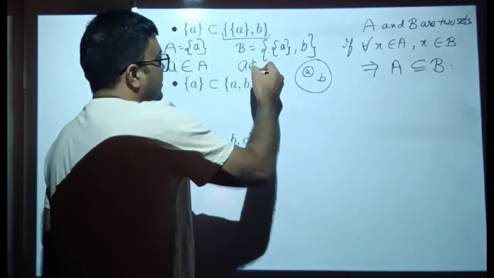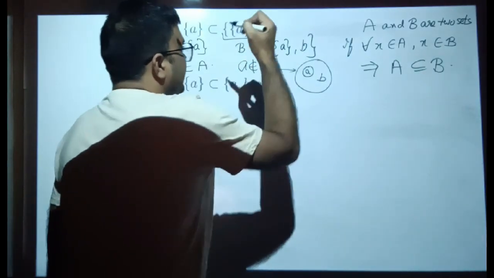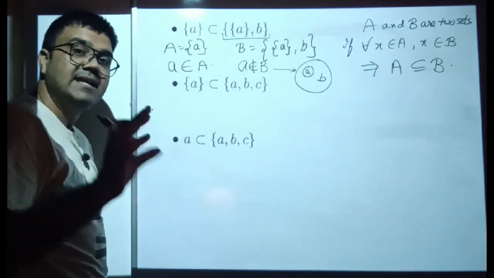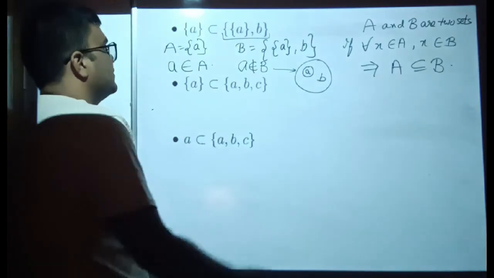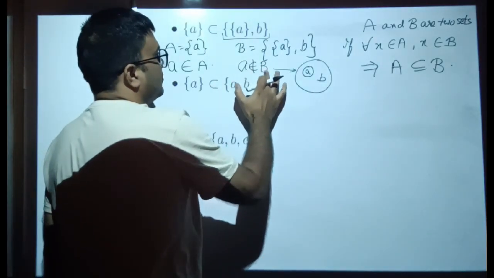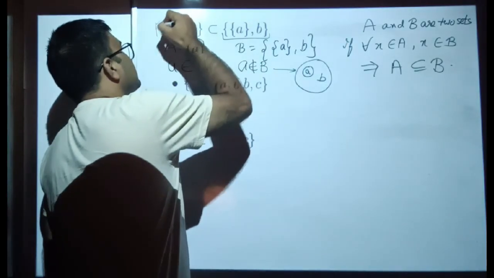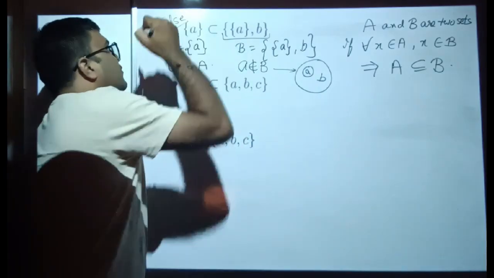a does not belong to B. It is the set A which belongs to B. There is no element a in this set. So we are saying that a does not belong to B. So this statement, it is false.